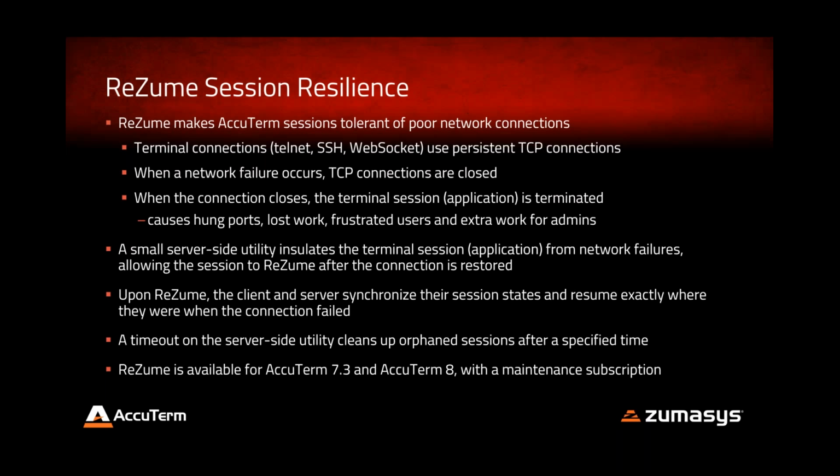TCP is a network protocol that tries its best to route things the right way and ensures that the data that goes between the two sides is correct and never loses anything. But if TCP has a problem sending a packet to a server, after a while it gives up and the connection closes. So if a network failure occurs, something like a cut cable, a router that reboots, who knows what.